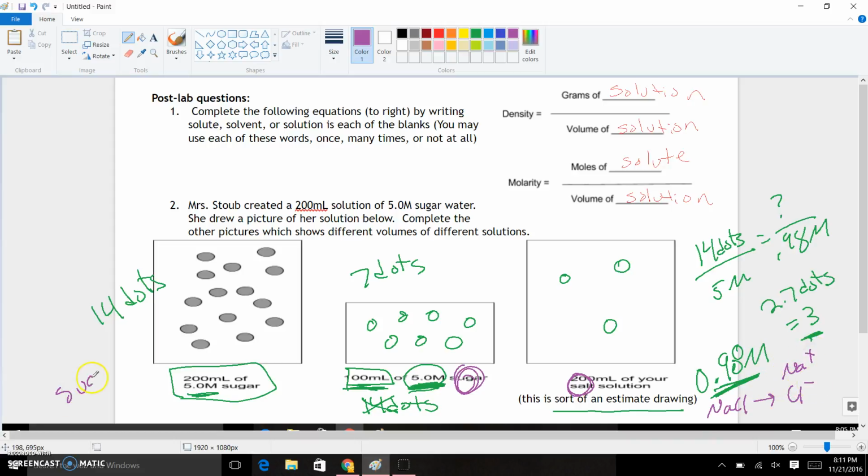Every time you take sugar and dissolve it into water, it makes 1 sugar. But every time 1 NaCl dissolves, you get 1 Cl and 1 Na. So if you had 3 NaCls dissolve, you'd have 3 Nas and 3 Cls. That's why you saw in my picture, these are my Cl minuses, 3 Nas and 3 Cls. Just to be a little bit tricky.